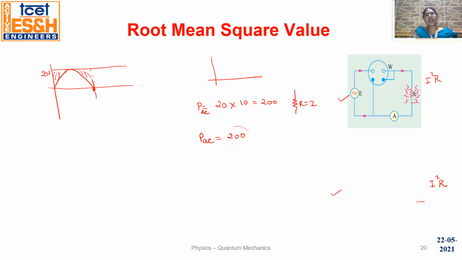So this is not exactly giving the 200 watt. So in that case, we have to increase its amplitude to make the power equal to 200 watt. Clear? Yes or no?